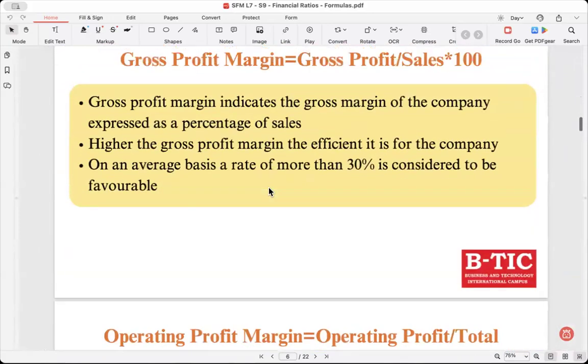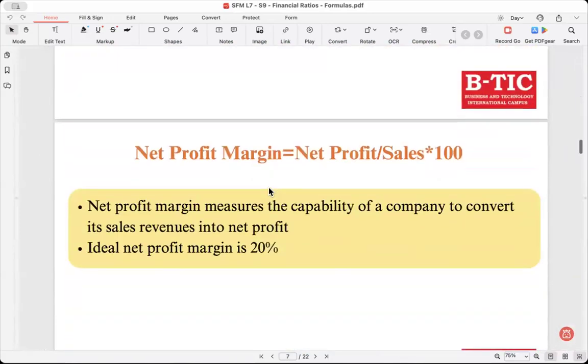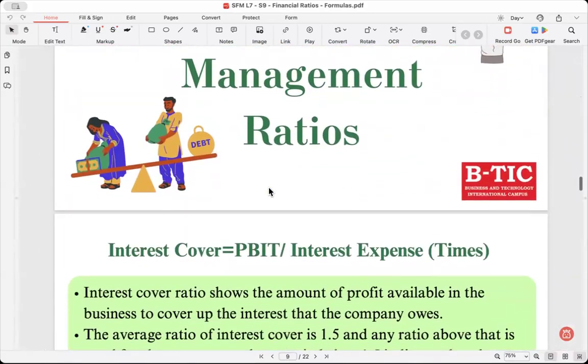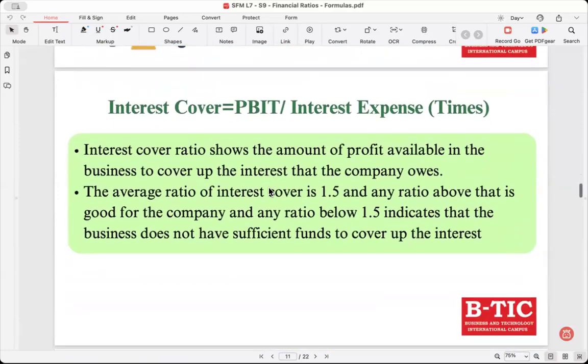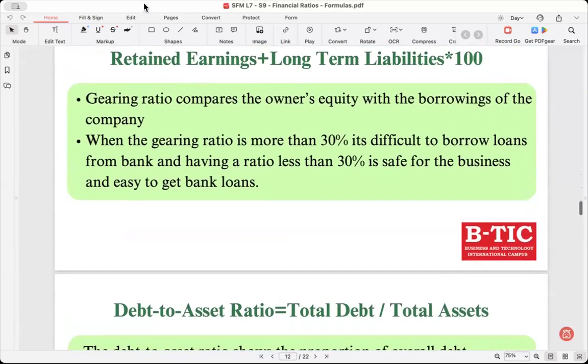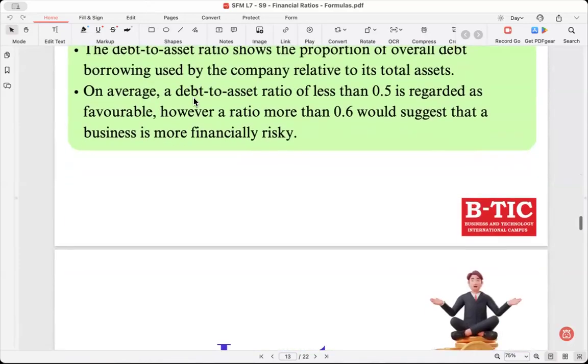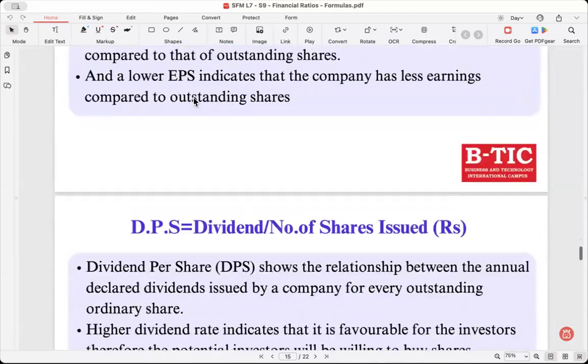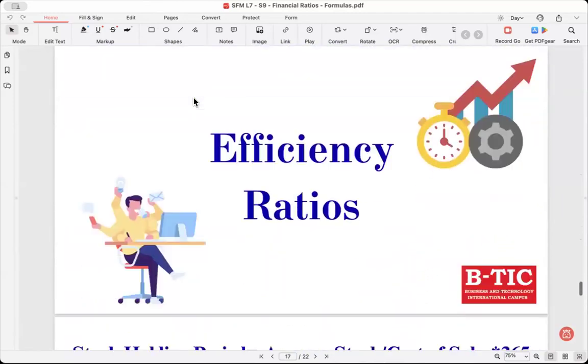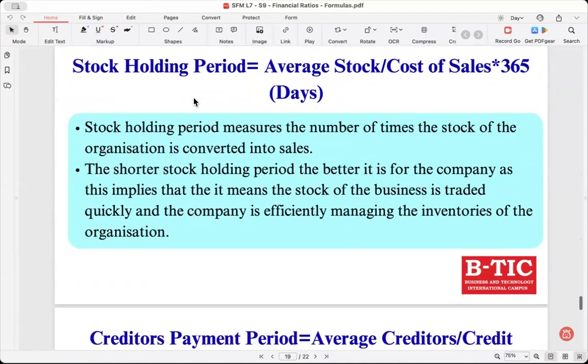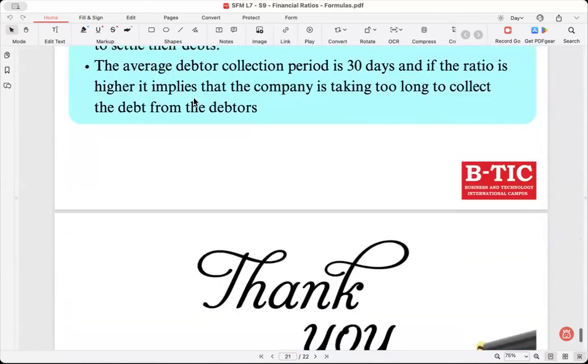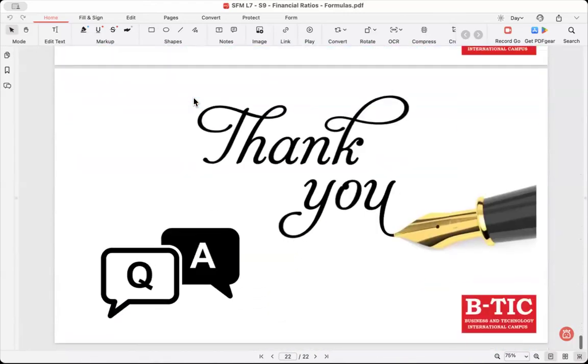Under profitability ratios, we learned about gross profit, operating profit, net profit, and ROA. Under leverage and debt management, we learned about interest cover, gearing ratio, and debt to asset ratio. Under investors ratio, we learned about EPS, DPS, and dividend cover. And under efficiency ratio, we learned about stock holding period, creditors payment period, and debtors collection period.